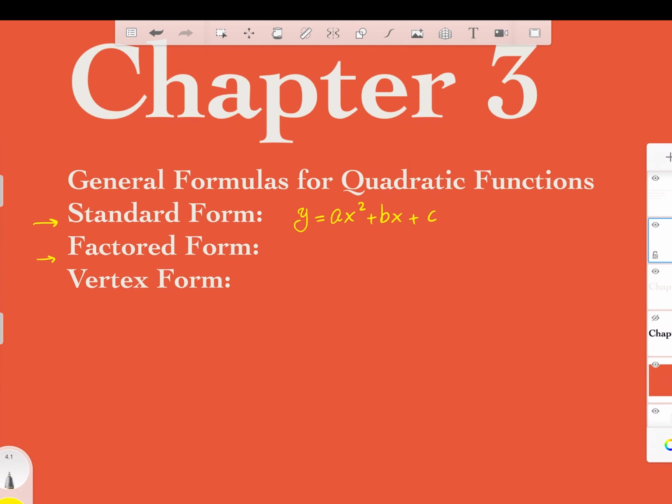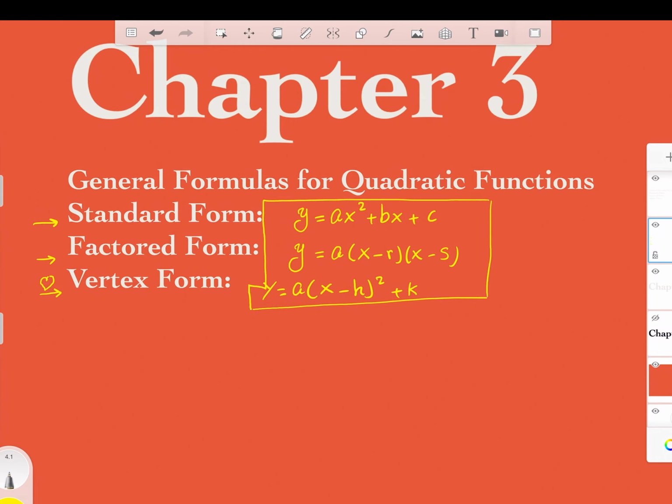The factor form looks like y equals a parenthesis x minus r multiplied by x minus s, and the vertex form, that mostly we love, looks like y equals a parenthesis x minus h squared plus k. So there are three different forms to show a quadratic function.